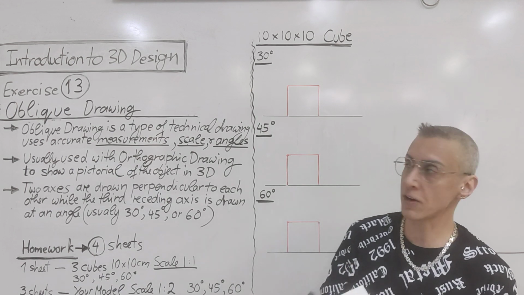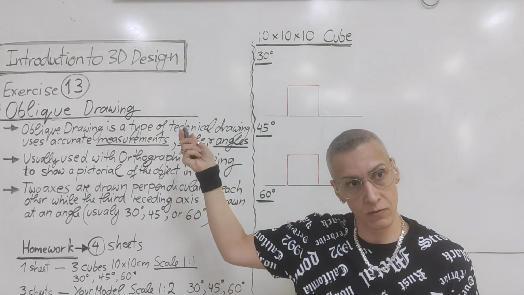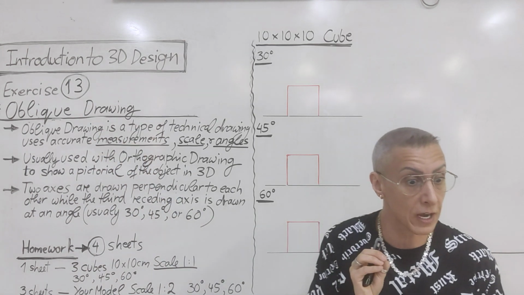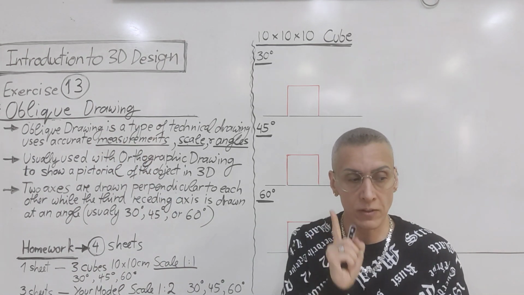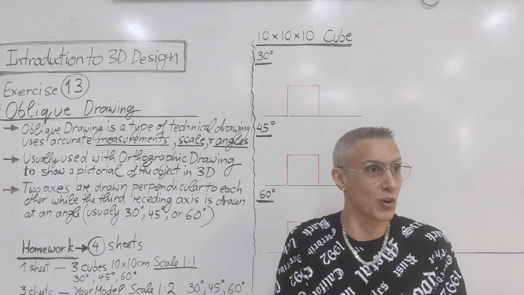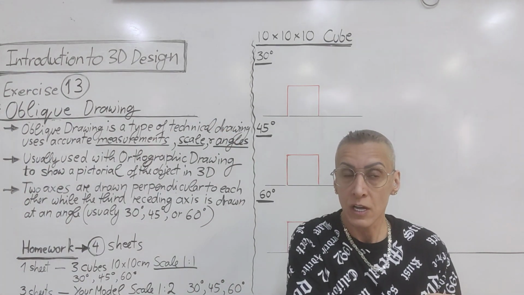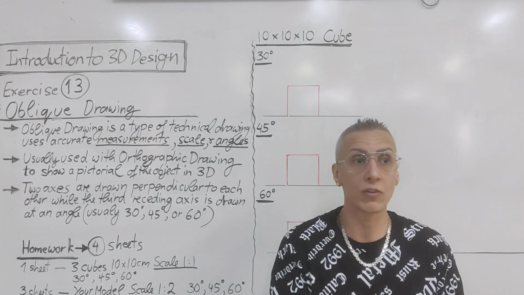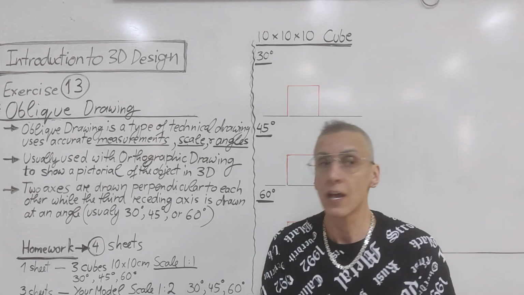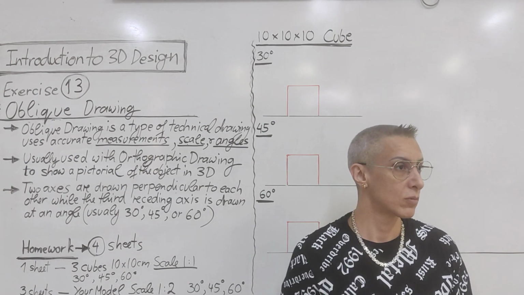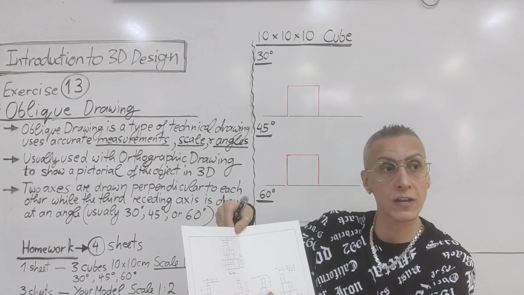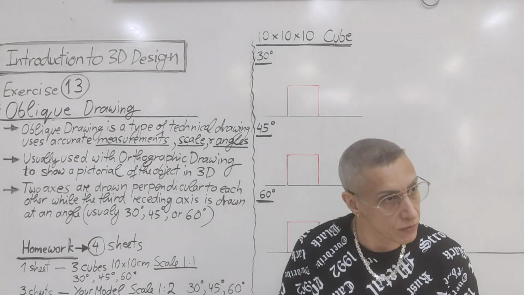But the difference between these, oblique and isometric, and the perspective drawings that we drew before is that perspective drawings also look 3D, 1-point perspective, 2-point perspective, but they are not accurate. These drawings are drawn according to the measurements, and they have a scale.